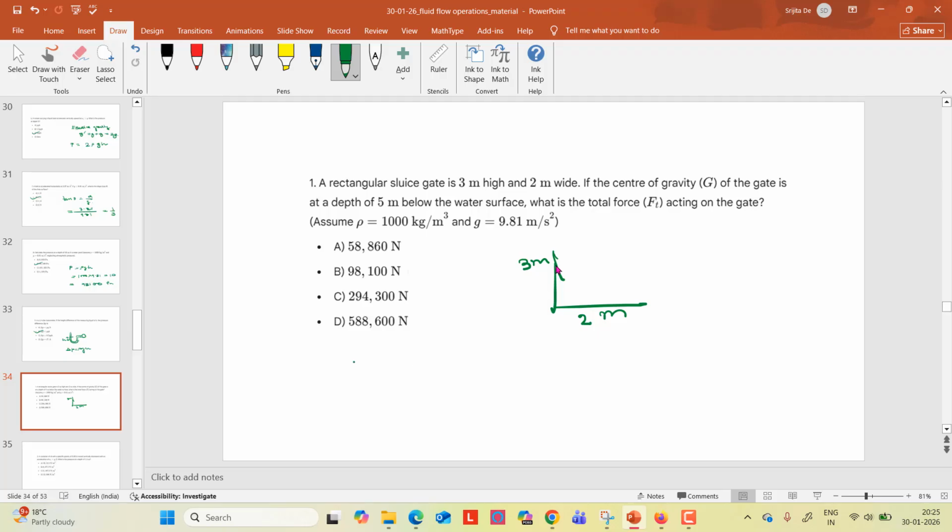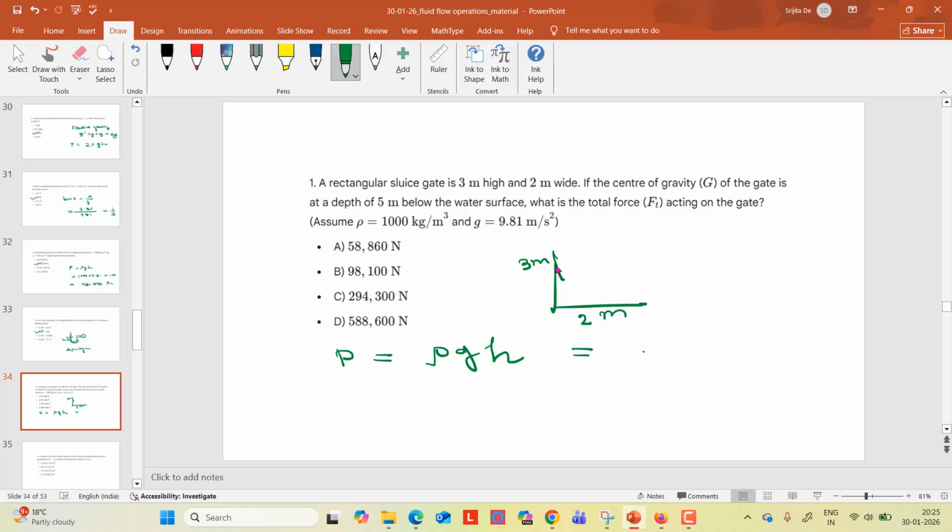So the pressure will be rho g h, and this will be the 5 meter depth, right?